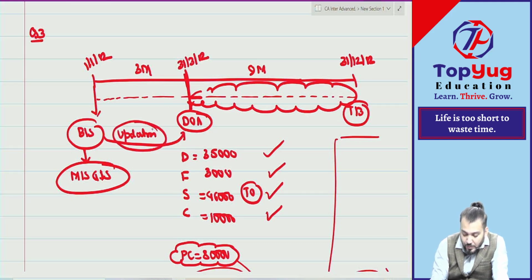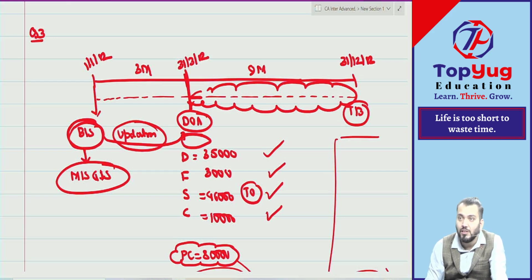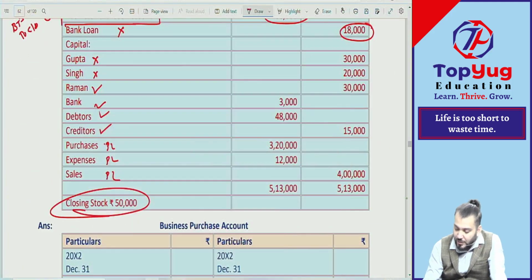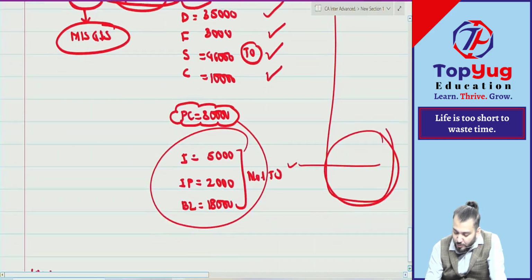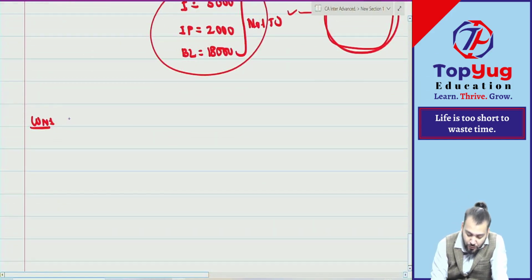We have done one updation concept. So first this balance sheet should be converted into a balance sheet as on this date. So let us first prepare the balance sheet of Gupta and Singh, up to the date of the event. Understood this point?